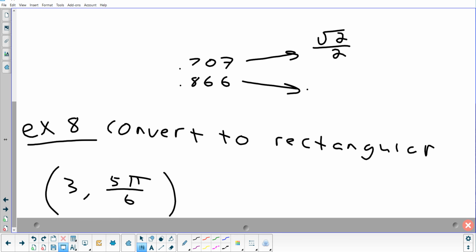Does anybody remember what 0.866 is? It has a square root in it, but it's not square root of 2 over 2. Anyone remember the other square root that comes up when you're dealing with the unit circle? The square root of 2 comes up a lot. And then the square root of... Is it 2 square root of 2 over 2?